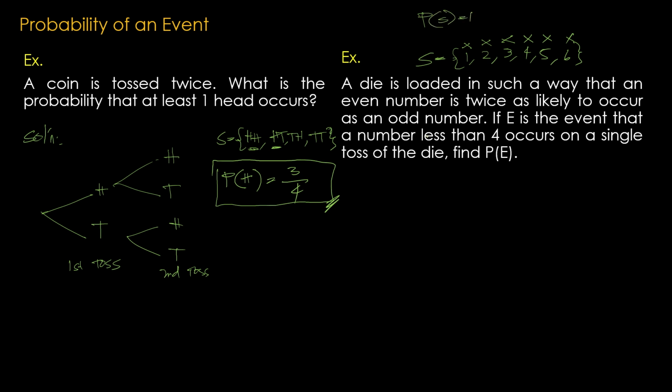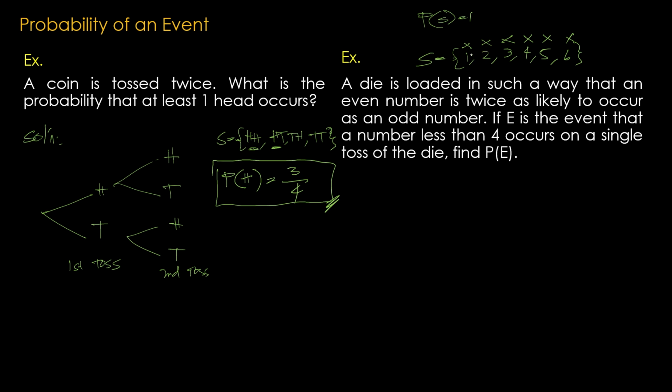Alright? And it says here in the problem that the even number is twice as likely to occur as an odd number. So therefore, for our even numbers, we have twice as much probability as our odd number.